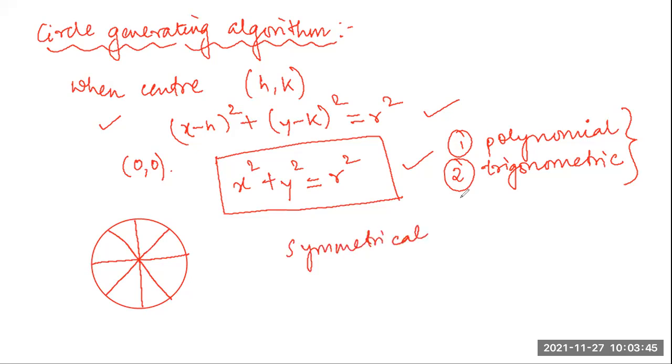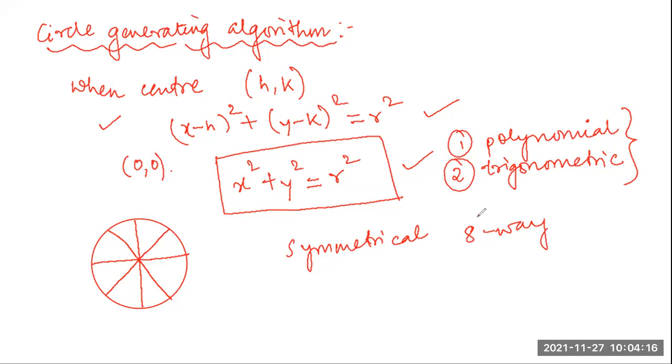Any circle follows the 8-way symmetry method, that is, the shape of the circle will be similar in each part. So this shape, this shape, this shape, all the shapes are equal. This is what we call symmetry. So this is the 8-way symmetry which holds in a circle.